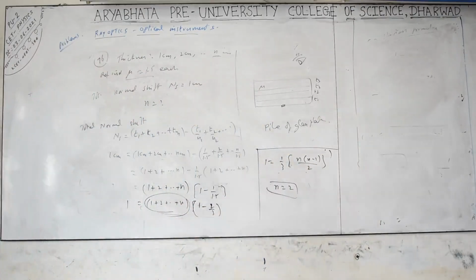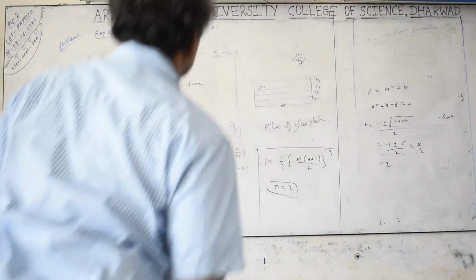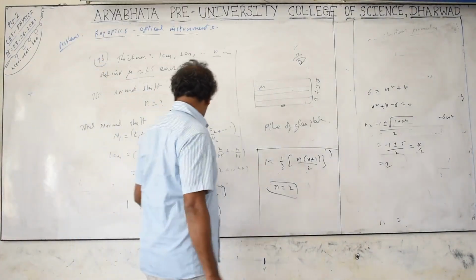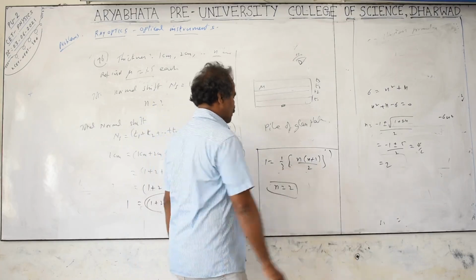Just check up the steps. Sorry, in this step, summation to n is n into n plus 1 by 2.